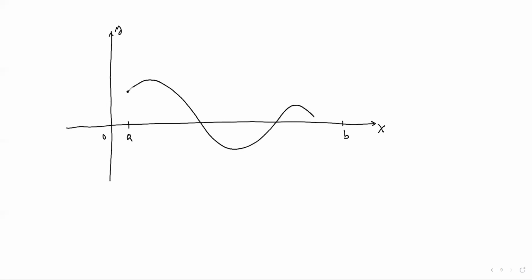X and Y. Suppose A is here, B is here. The function value at A is this point. For a general function, the function value at B is this point.